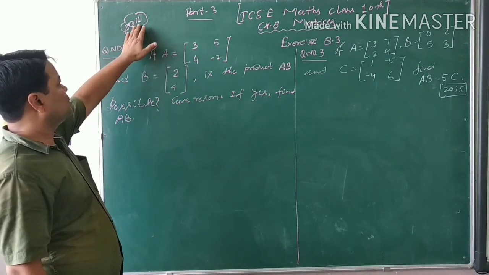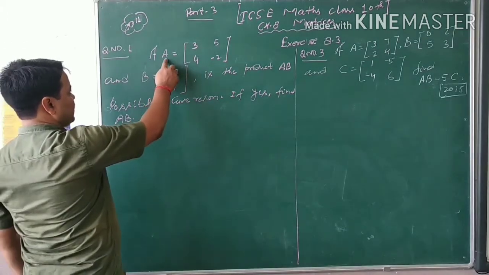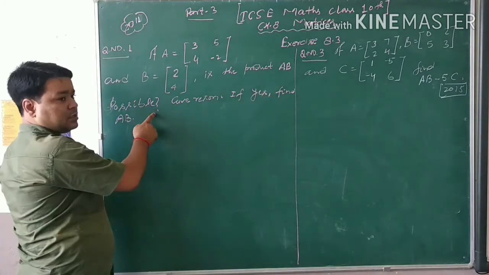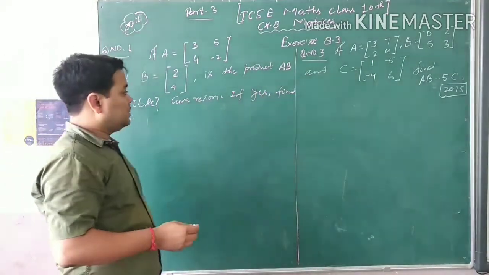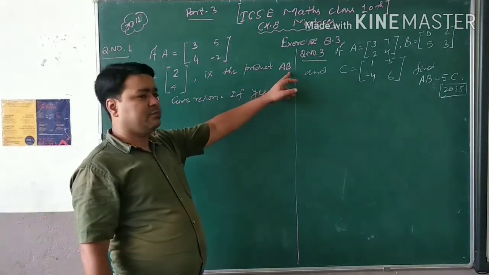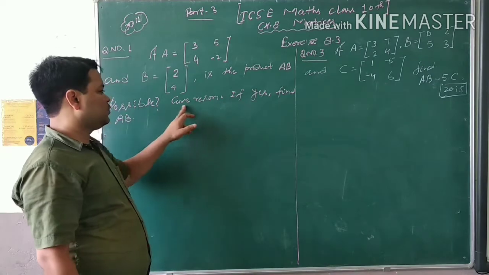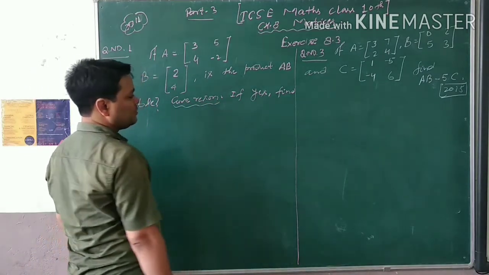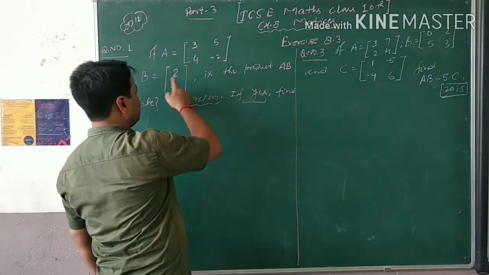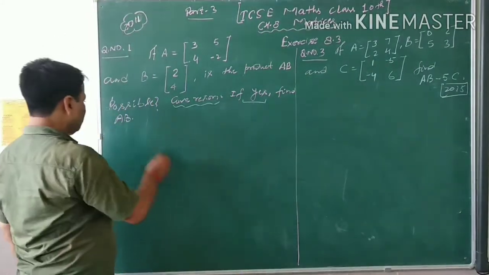The question is, if two matrices A and B are given, is the product AB possible? Means we have to verify whether the product of two matrices A and B is possible or not. And if it is possible, we have to give a reason also. And if the multiplication of A and B is possible, then we have to find AB.